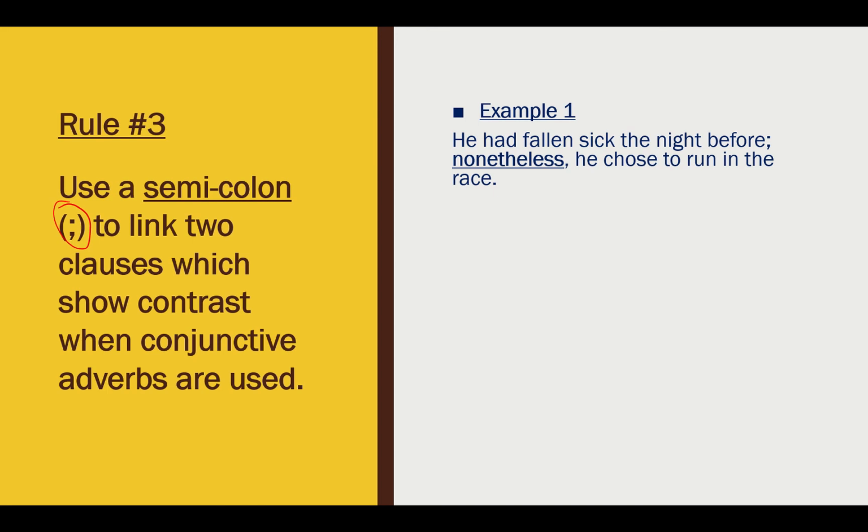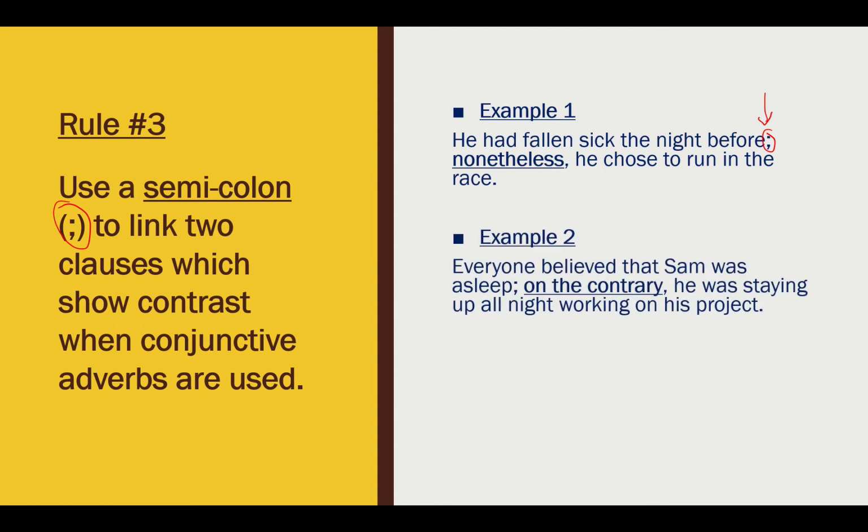He had fallen sick the night before; nonetheless, he chose to run in the race. Can you see the placement of the semicolon? It's right here. It's always before the use of the connectors of contrast.